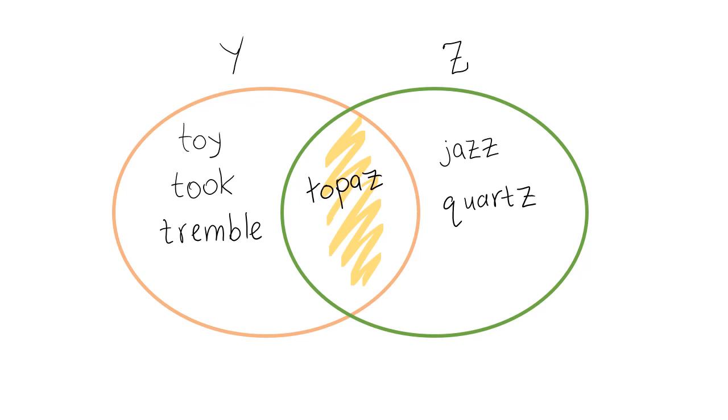Because tremble does not end with a Z. And similarly, words like quartz, right, that's in Z set minus Y because it ends with a Z, but it does not start with a T. So here, basically the part that's in the center that covers both of them, that is what's called the intersection. And we write that as Y intersect Z. The part that's without, right, is going to be set minus.